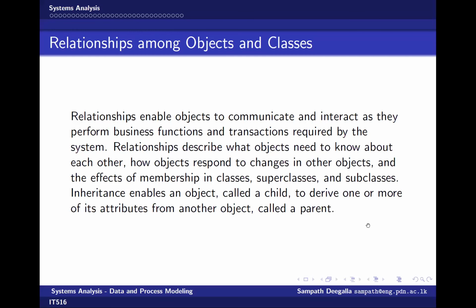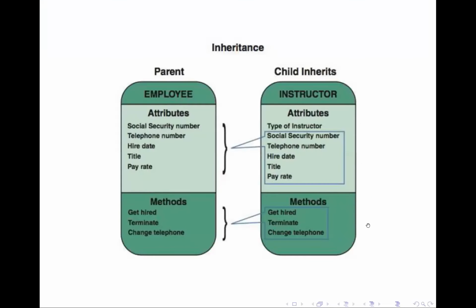And then we were looking at the relationships of objects and classes, how they perform different business functions and transactions for the system. So when we create the objects, the classes, and the interactions, these relations matter.